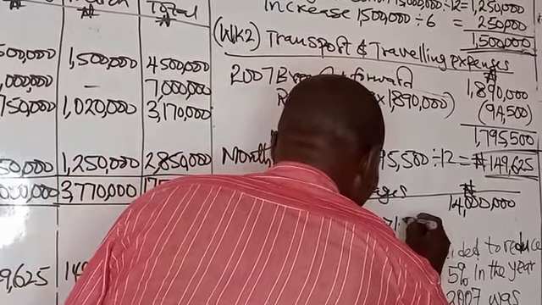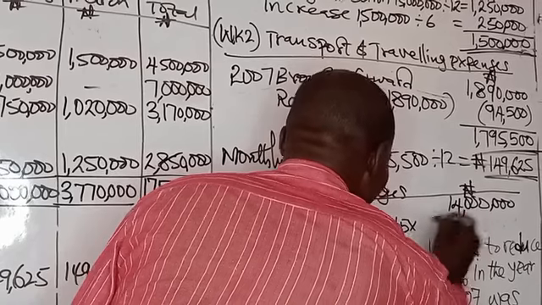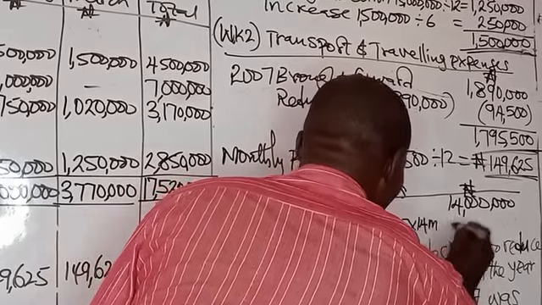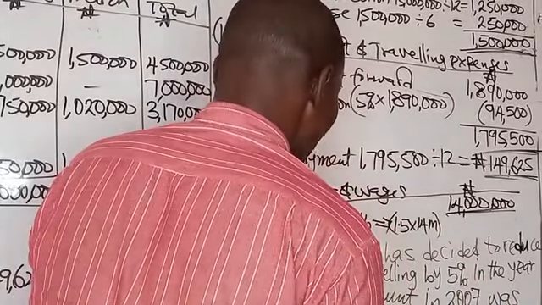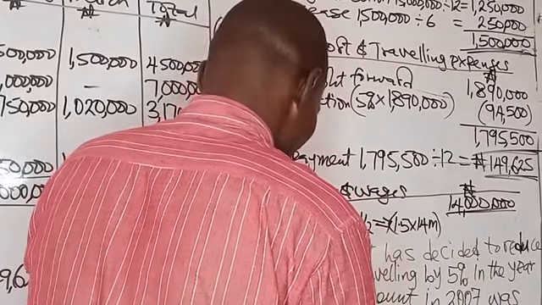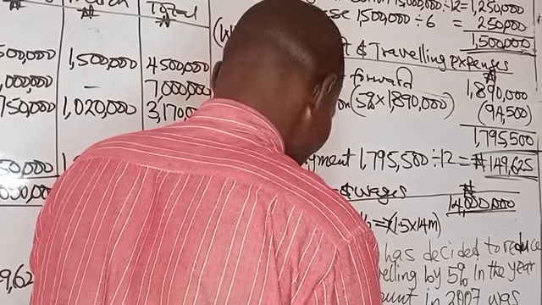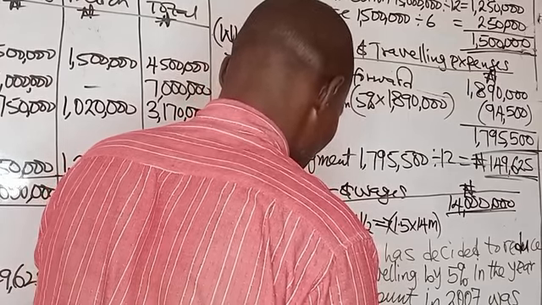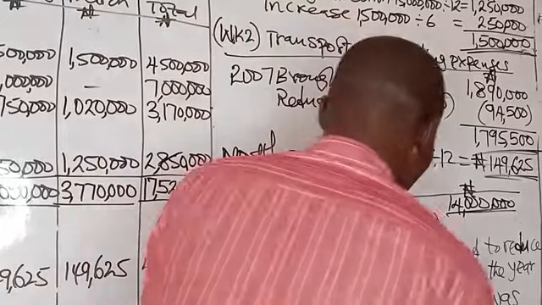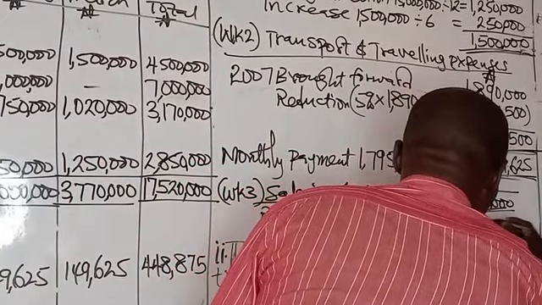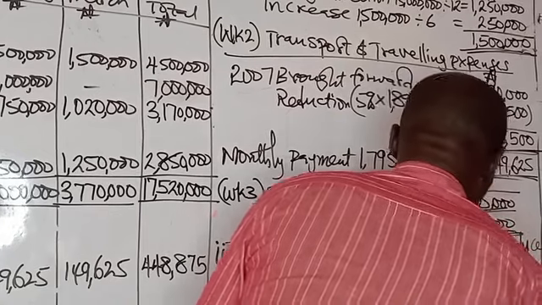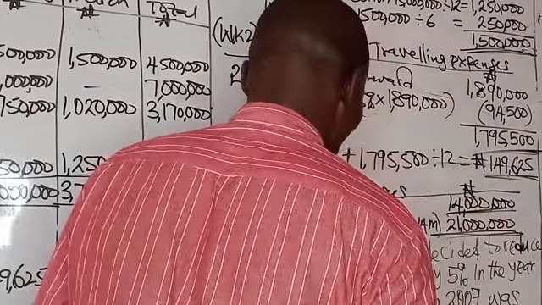So we have 1.5 times 14 million. That will give you the salaries and wages for 2008. That gives us 21 million. That means the total salaries and wages for 2008 is 21 million.